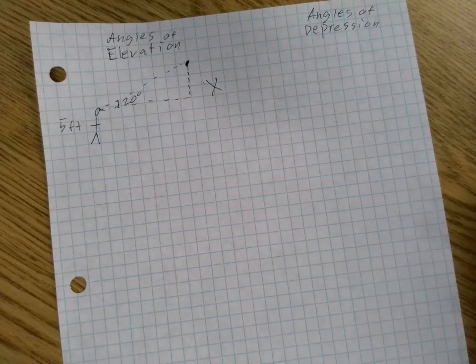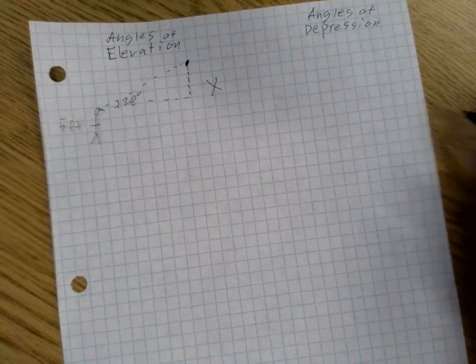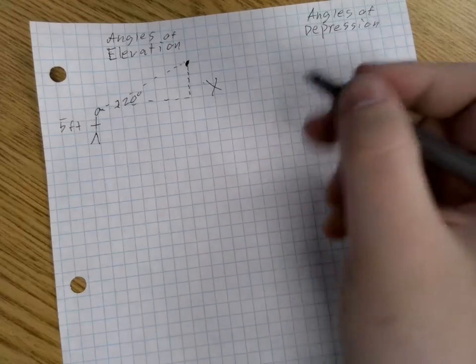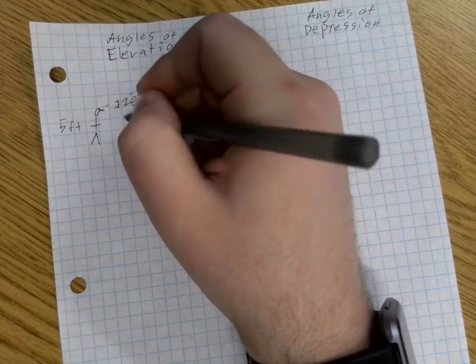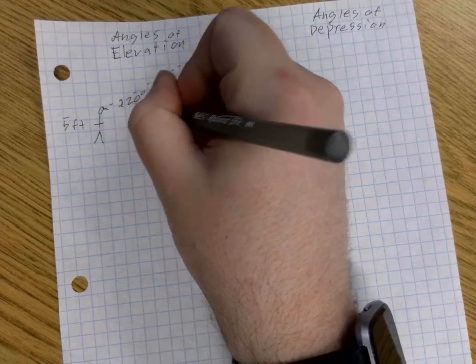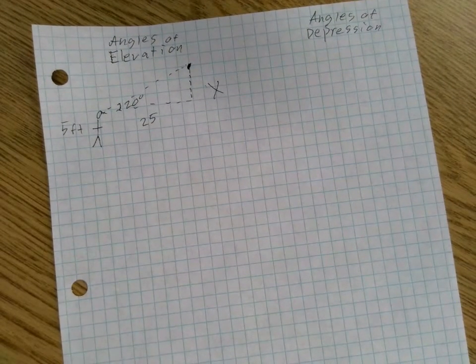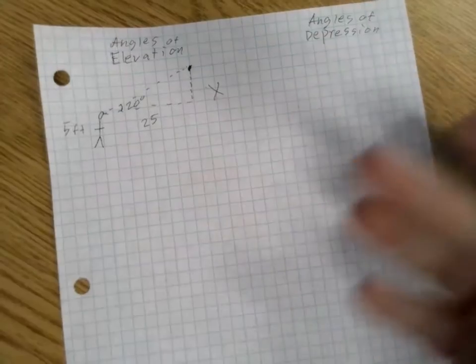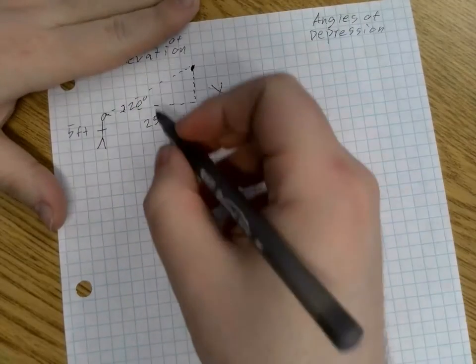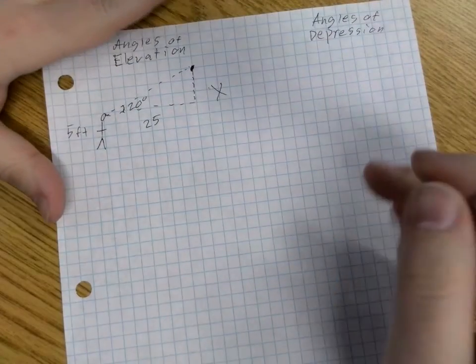Well, they'll give you some sort of information like, say Carl is standing 25 feet away from the tree, and they want to know, hey, what's x? The height of the tree. And keep in mind, I'm making this up off the top of my head. The scenario, that is, not the concept.